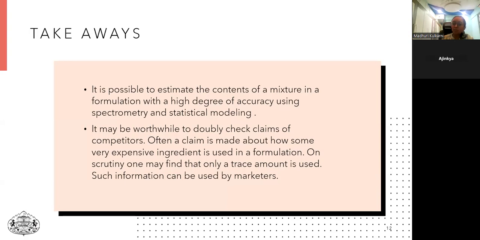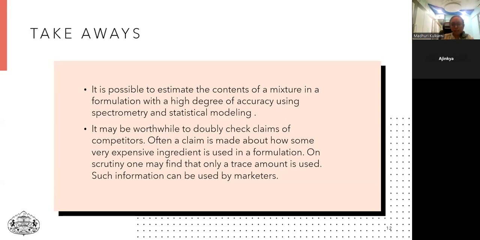Often a claim is made about how some very expensive ingredient is used in a formulation. For example, I don't want to use the brand names, but when certain health drinks say that it has double the iron than its competitor, a researcher can always try to check whether it is actually double or not.